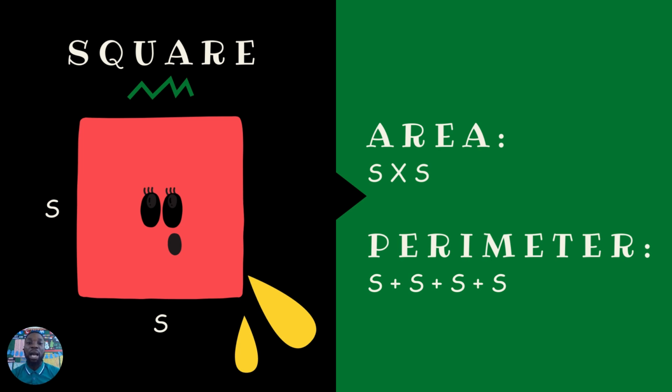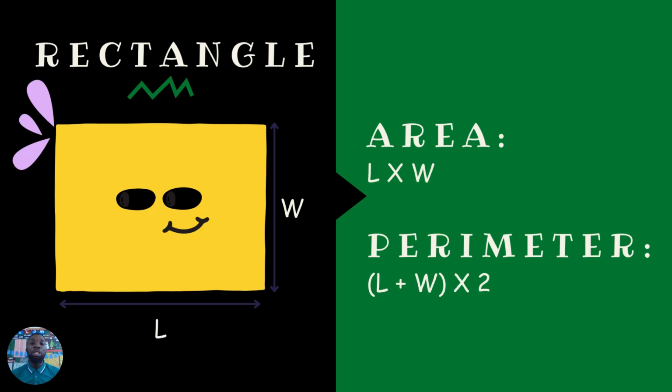We have s times s, that is the length times length of the shape. The perimeter is just the sum of the total length of the square. Don't forget a square has four equal sides, so just add them up. That makes up the perimeter of the square.